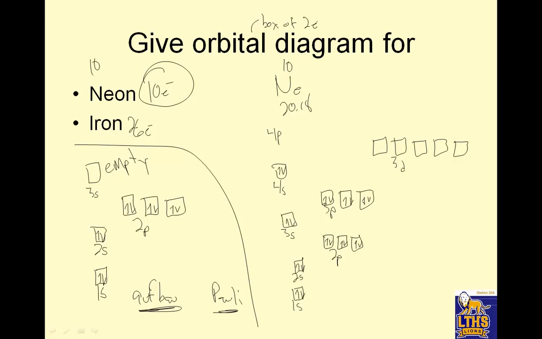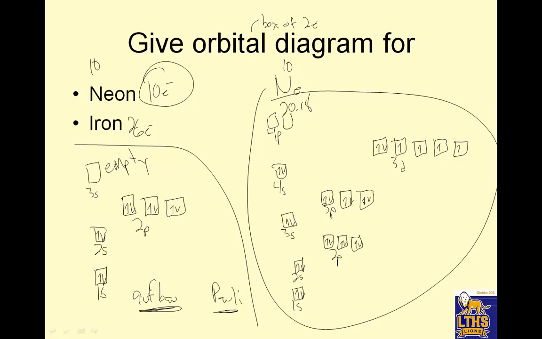I need 26, so I need 6 electrons in here. I do not go up, down. I go up, up, up, up, up, and then one of them goes down. 2, 4, 6, 8, 10, 12, 14, 16, 18, 20, 22, 23, 24, 25, 26. This is iron. And notice how 4p would just have empty orbitals.